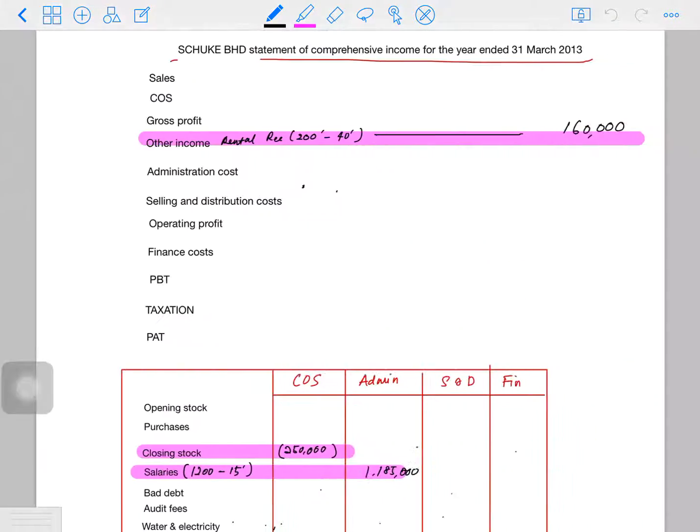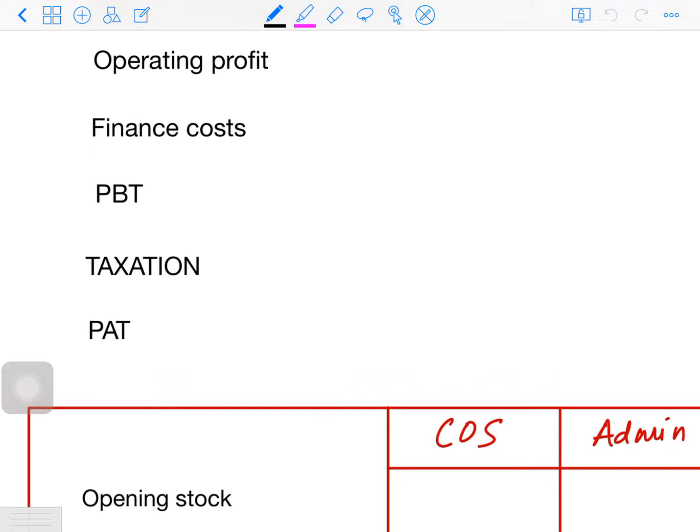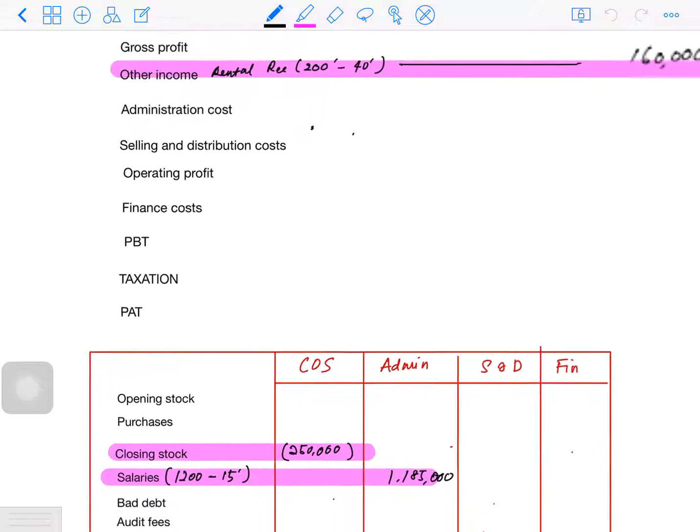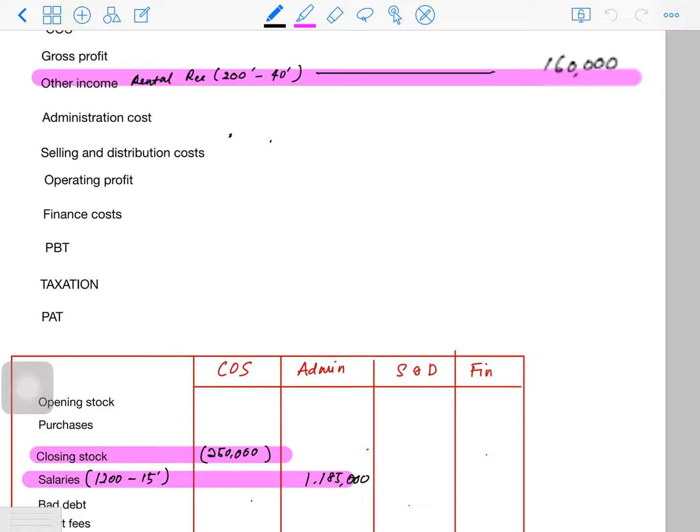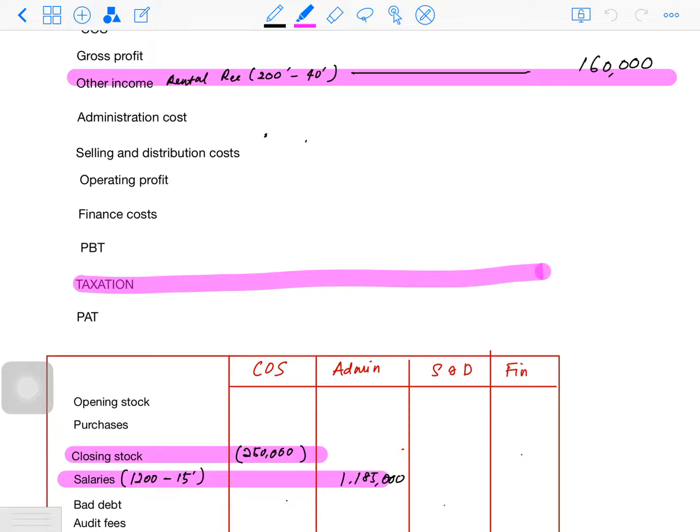So tax will be in your statement of comprehensive income, which is this one, tax. Statement of your comprehensive income, taxation.